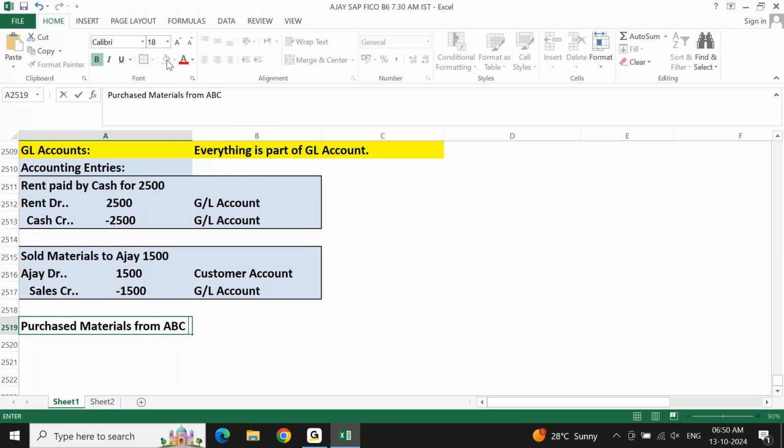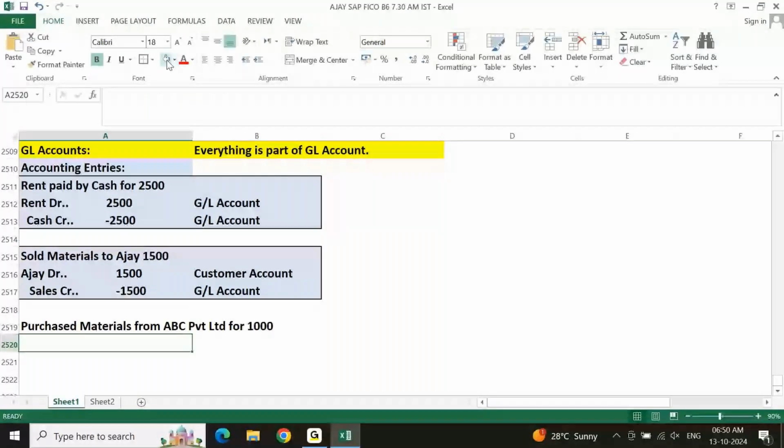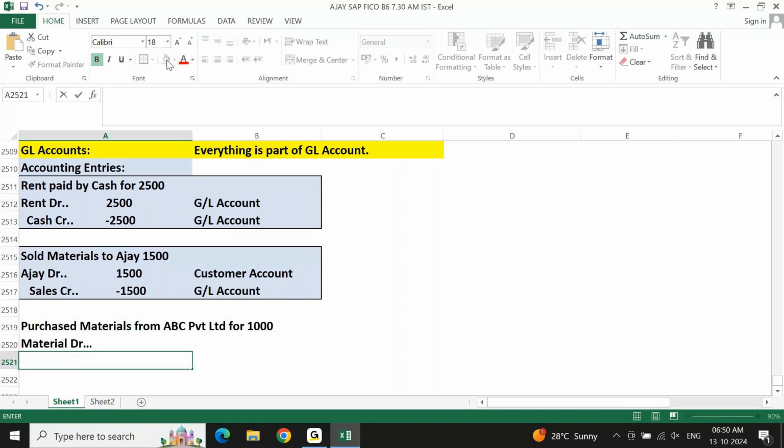Purchased materials from ABC Private Limited, 1000. What will be the accounting entry here? Purchase debited to ABC. But what are we purchasing here? Materials. Inventory. So let's say I'll put material account debit. Who will be credited? ABC Private Limited credit. Now I'll put 1000 credit number here.